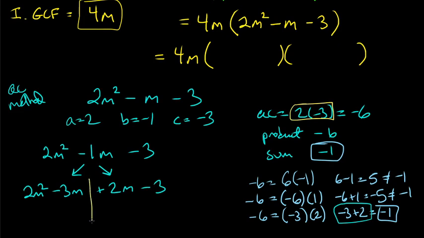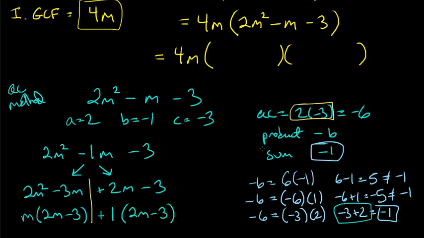So, as usual, factor by grouping. From the first 2 terms, we can factor out an m, leaving you with 2m minus 3. And in the last two terms, this 2m minus 3, well, the GCF is 1. So I think all we can factor out is a 1.